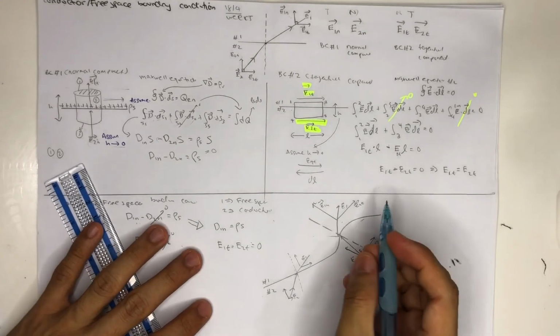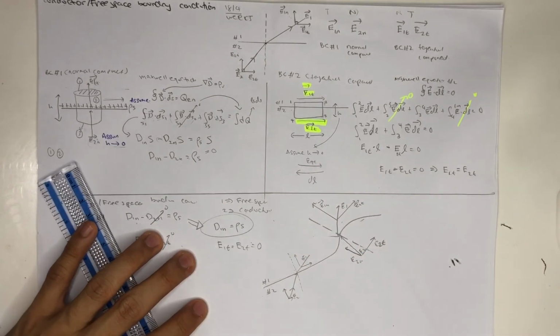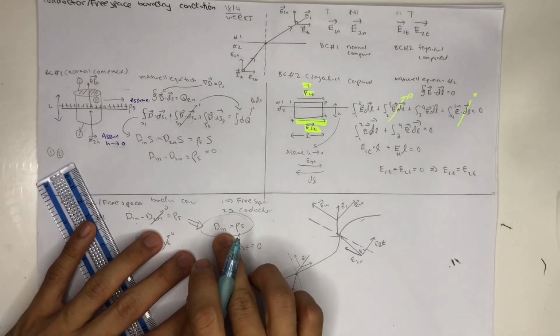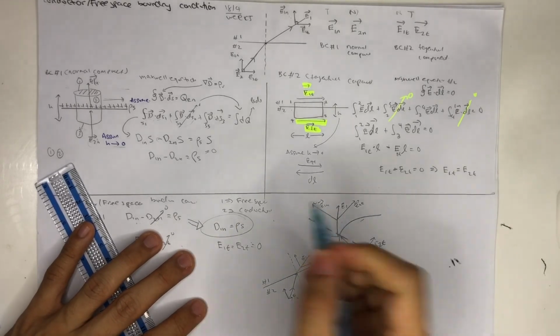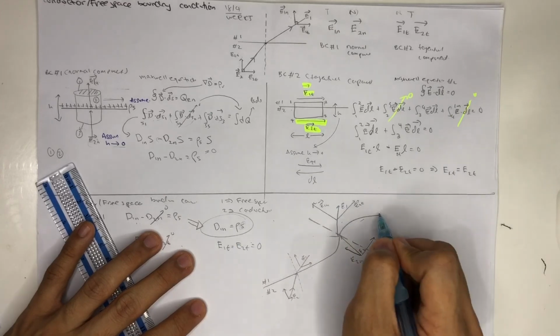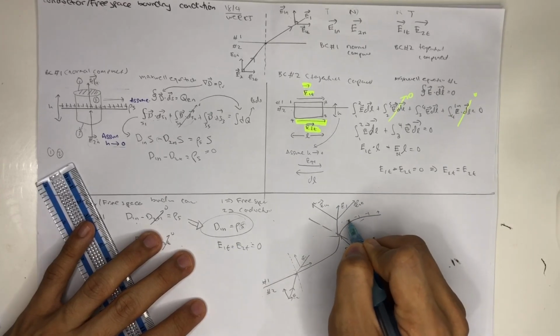So for example, now if you have this D1N and rho S, what is rho S? Rho S is valid if there are charges, so this is a surface charge. Imagine we have a positive charge along the way.